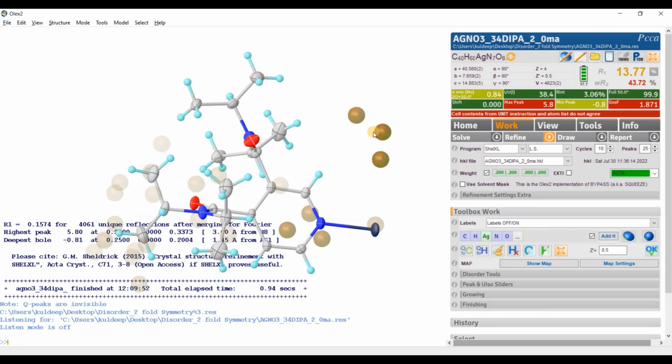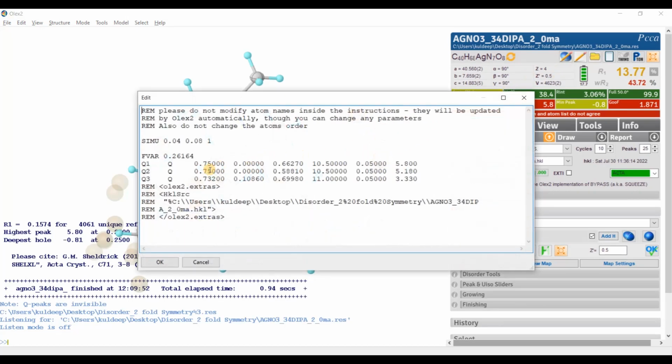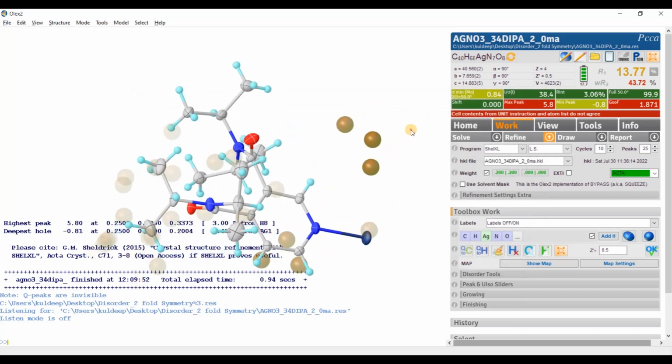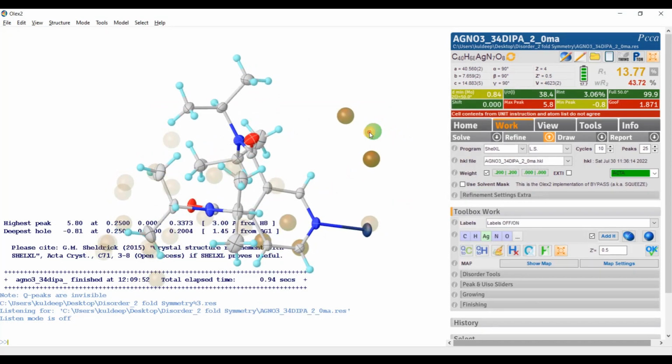Since one of the oxygens and the nitrogen are on the special position, they are only half occupied. They are on the two-fold axis, so the remaining oxygen is generated by the two-fold axis. So if I refine this one as nitrogen and these two as oxygen, then it should be nitrate.